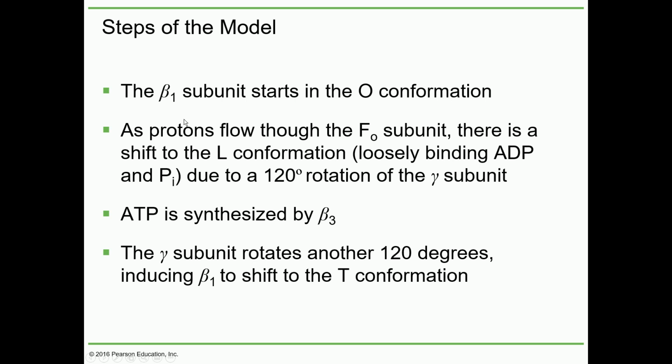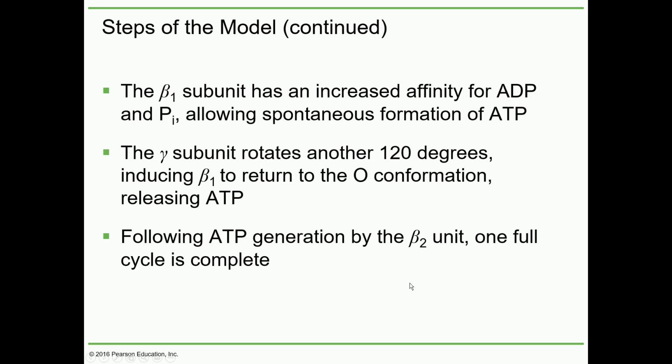So the beta subunit starts with O conformation, and when the gamma subunit rotates another 120 degrees, the beta 1 shifts to T conformation. And in the T conformation, it has high affinity for ADP and phosphate, and that results in the formation of ATP.